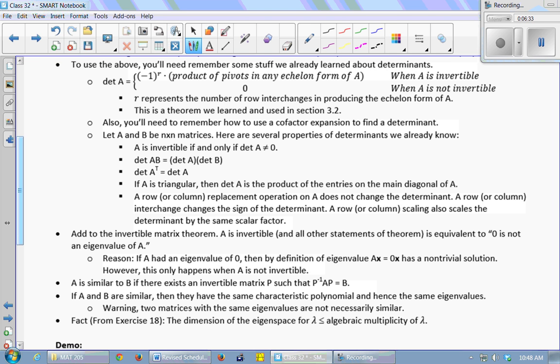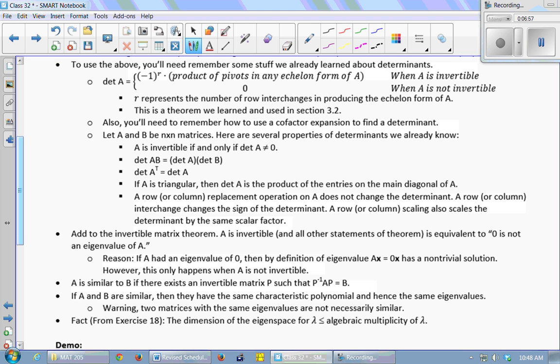It's just reminding you. All right, so we can also add to the invertible matrix theorem that A is invertible is equivalent to 0 is not an eigenvalue of A. If you have a triangular matrix, its determinant is the product of the diagonal entries, right?